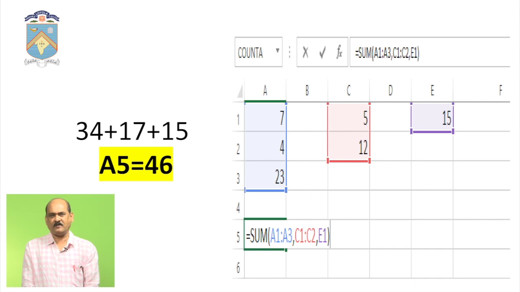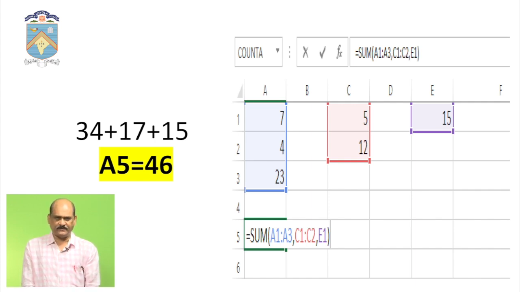If you miss this comma, the result will be something else. So, A1 colon A3, a comma, and again C1 colon C2, these are also considered for summing up, and again a comma, and this time E1, only one cell, and you must close the parenthesis. Hence, the 1, 2, 3, 4, 5, 6 items are simply added up and the result is displayed in the A5 cell, that is 46.